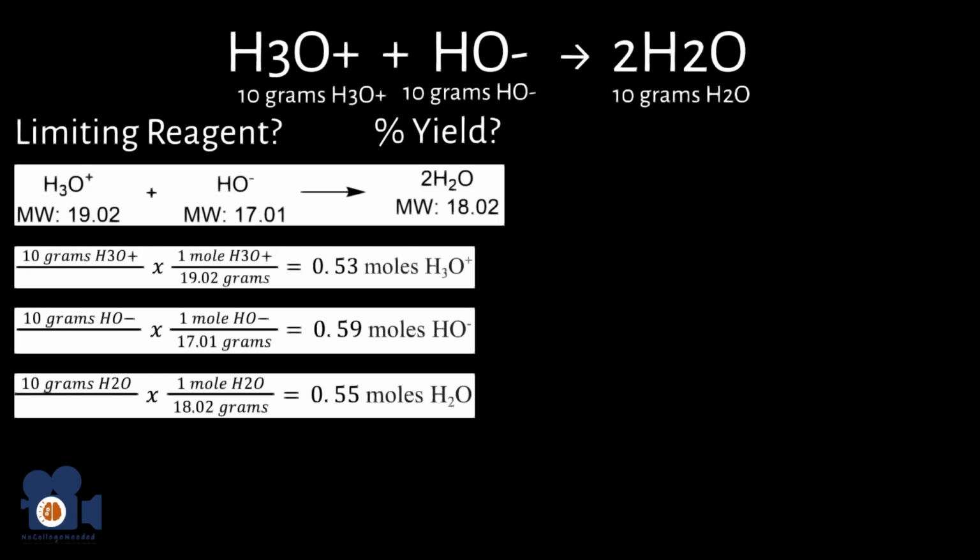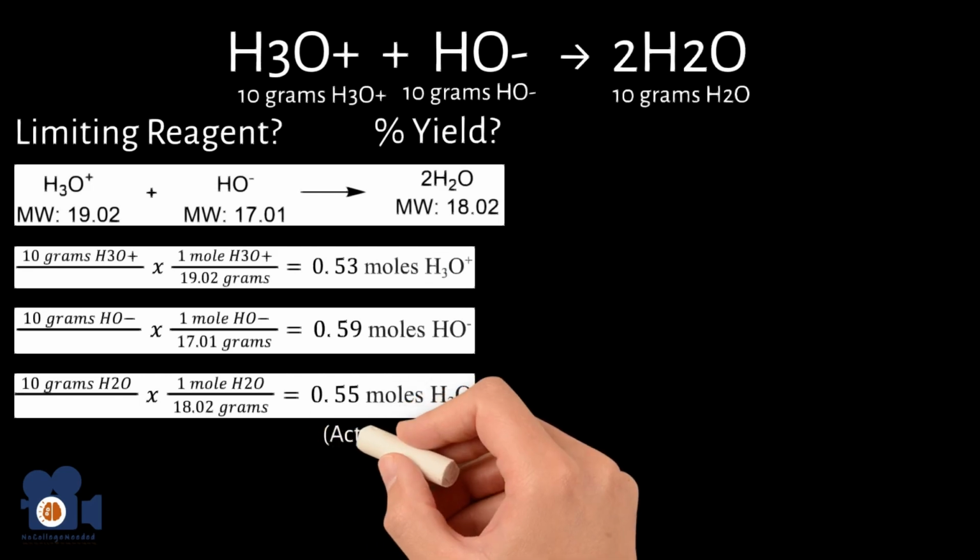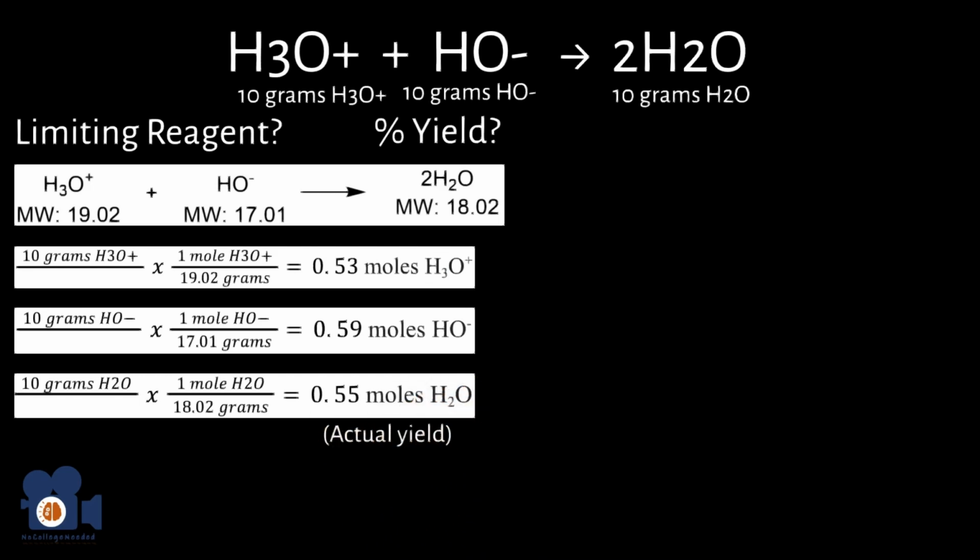Comparing the moles of starting material, you see that the limiting reagent is H3O+ with 0.53 moles. This is a great example of why you must convert everything to moles, because even though you started with the same weight in grams, you don't have the same number of molecules.